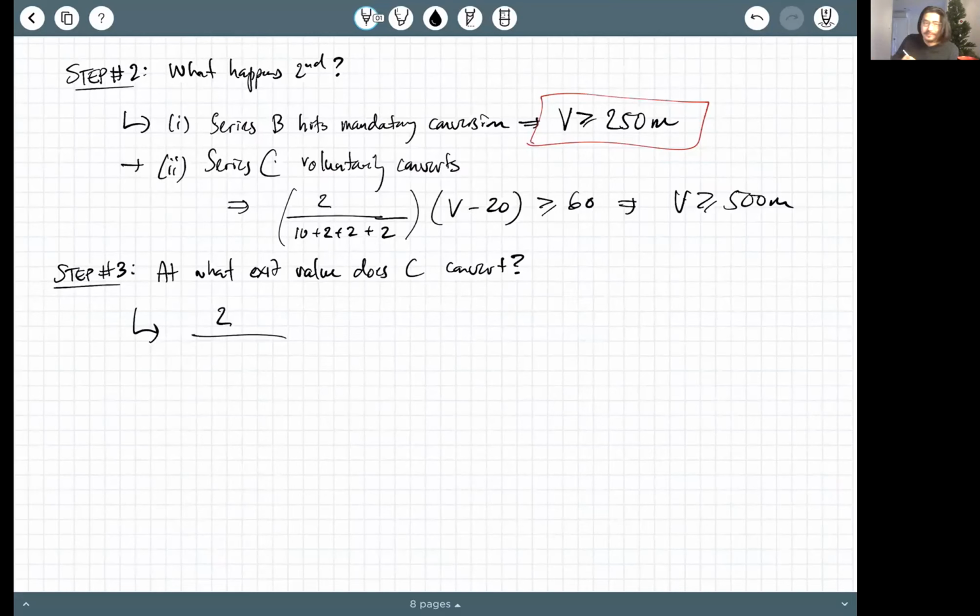When they convert, they get 2 million shares. We've got the 10 million shares to founders, 2 million to Series A, still 2 million shares to Series B, because once B converts, they own the 2 million shares.